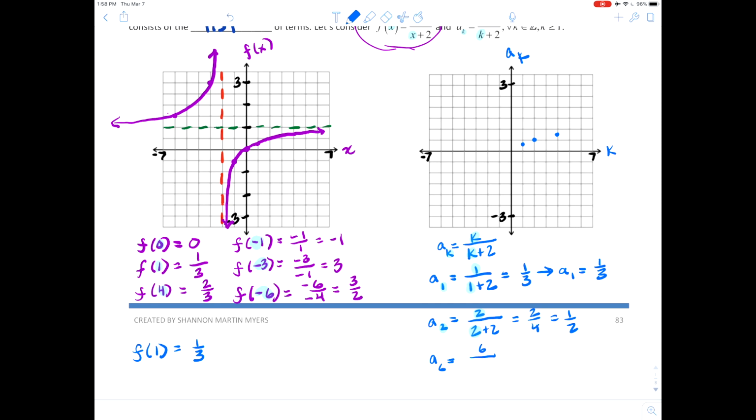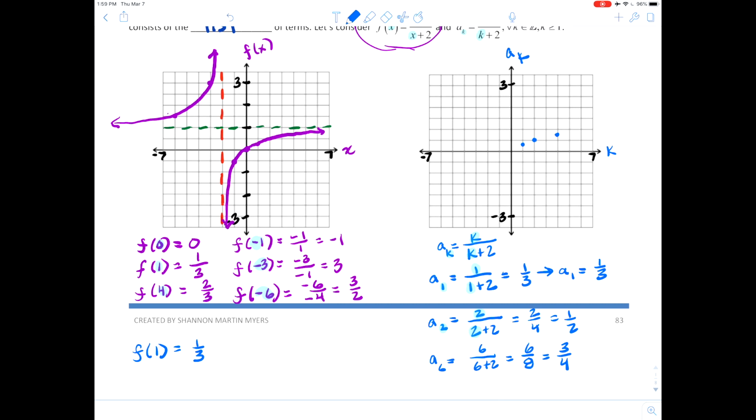That'll be 6 over 6 plus 2, which is 6 over 8, which reduces to 3/4, right?